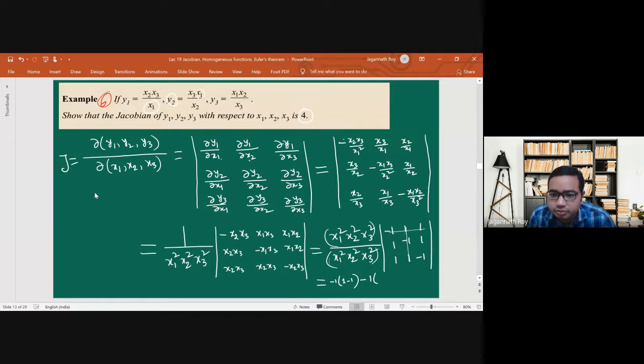Minus 1, minus 2. Similarly, plus 1 into, this is 1 plus 1. So this is minus of minus 2. This is plus 2 here, so plus 2 here. This is equal to 4. So that is what we have to show. This is equal to 4.